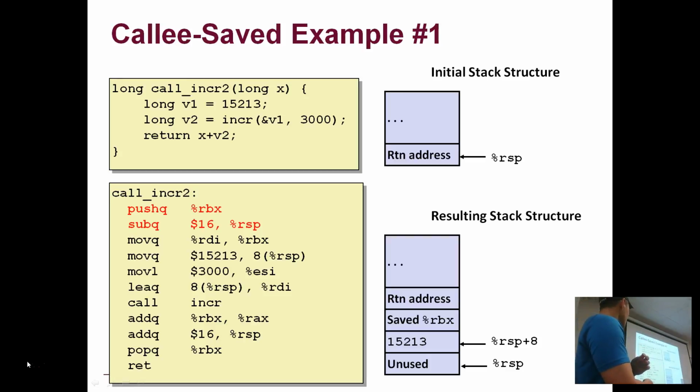At the very end, you restore the frame: you add your 16 to it to deallocate the local variables. And then you do a pop quad of RBX if RBX is being used. This is something you might see in your compiled code. I haven't checked if it's in your binaries at all. I would imagine not, because the levels are simple enough that it would probably not need to use RBX. But that's what it's doing.